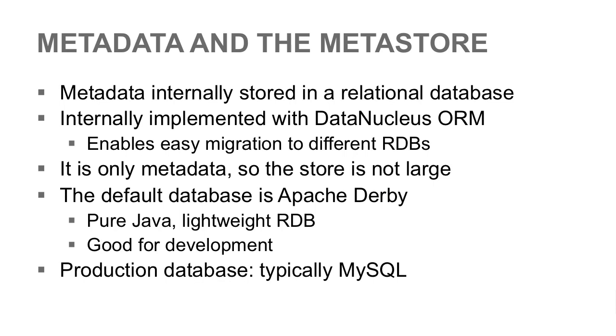What about the size? Well, it is only metadata, so the store is not large and you can use a variety of database systems for it. The default implementation is done with Apache Derby. It's a pure Java, lightweight relational database system. It is good for development, and in production, we are typically going to replace it with MySQL.